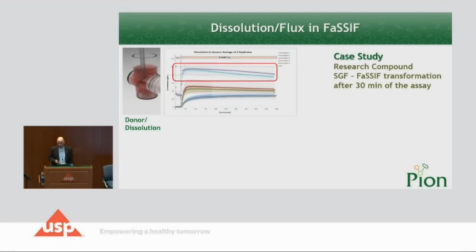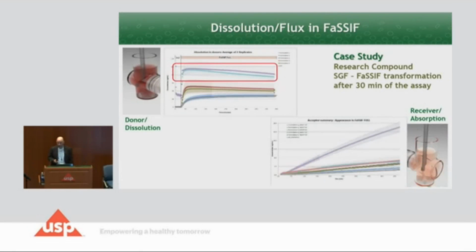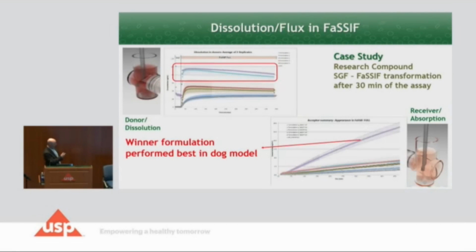However, if at the same time we looked at our receiver chamber, only one of these 2 formulations was highly permeable, or it was absorbed the most. And the second formulation, which acted very nicely in the dissolution study, was actually among the bunch of the other formulations.